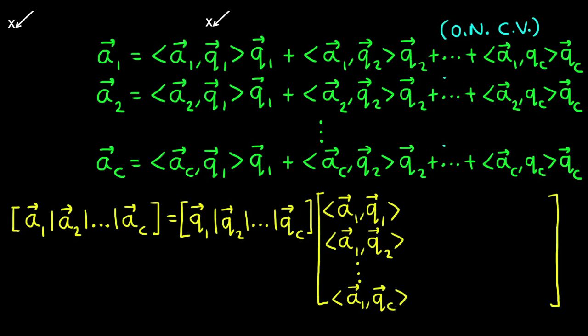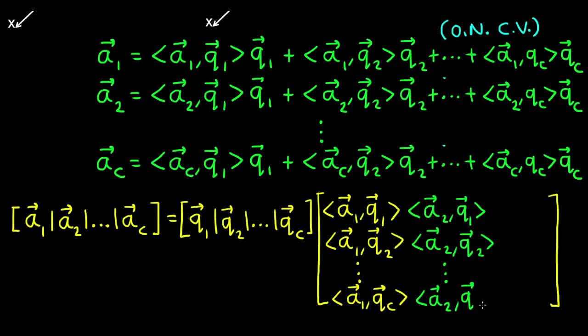And similarly, we have Q1 by the inner product between A2 and Q1, plus Q2 by the inner product between A2 and Q2, and so on up to the inner product between A2 and QC, multiplied by QC. And let's make a bit more space.